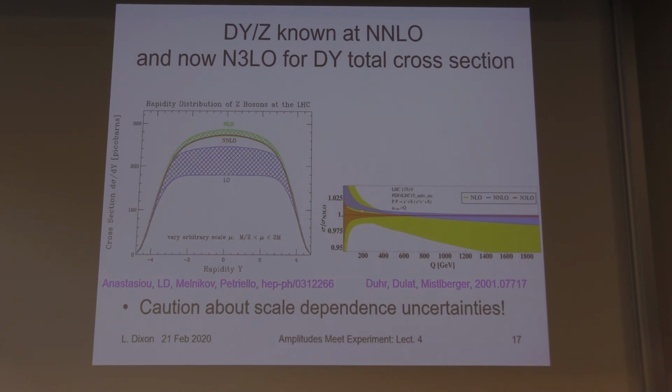For example, this NNLO result lies near the top of the NLO band, whereas here it's near the bottom. It may have something to do with how the parton distributions were treated in going from one to the other. But the bottom line is, these scale-dependent bands that people produce, like us, should be treated with a grain of salt, especially if they're narrower than you thought they had any right to be.